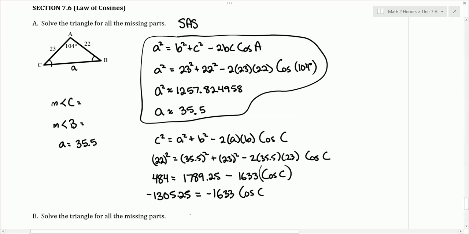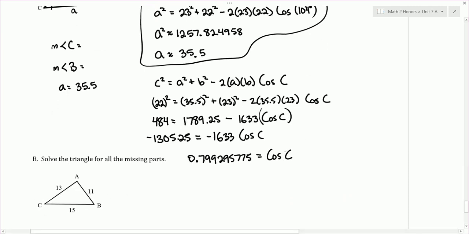And you end up with 0.799295775 is equal to the cosine of C.